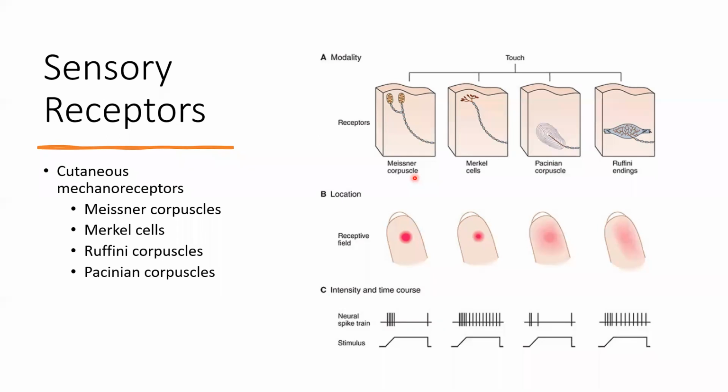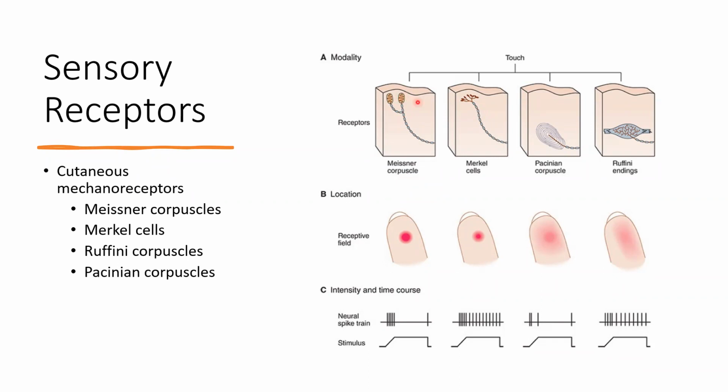Meissner corpuscles are described as dendritic cells encapsulated in connective tissue beneath the epidermis of your glabrous, or non-hairy, skin, and they respond to slow vibration.